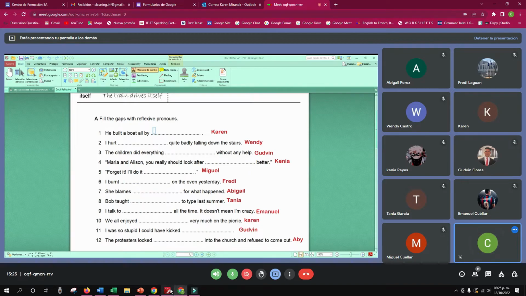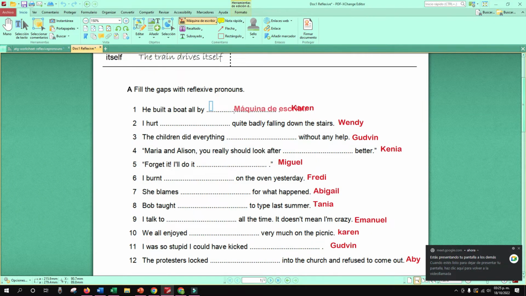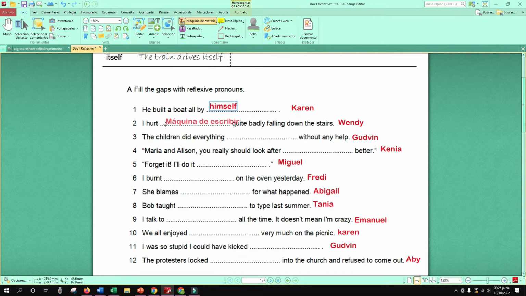Karen, could you do the first one? Yes, teacher. Okay, thank you. Lee toda la oración, Karen. He built a boat for himself. Himself. Excellent. Right. What about number 2, Miss Wendy?